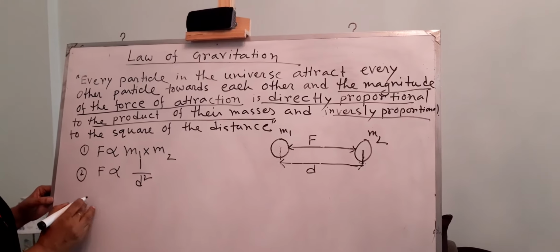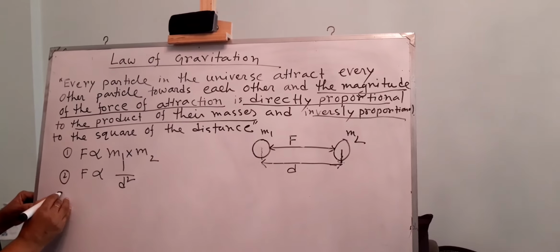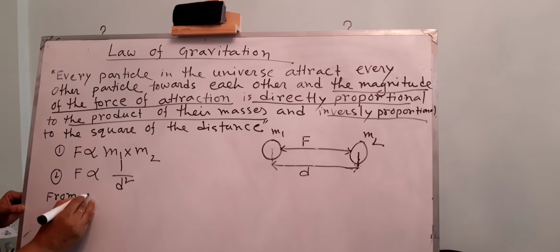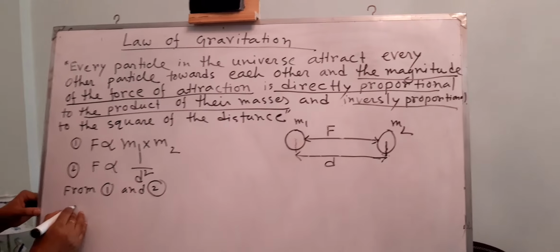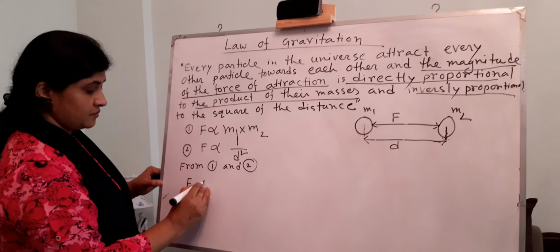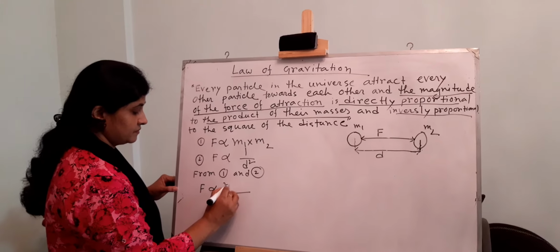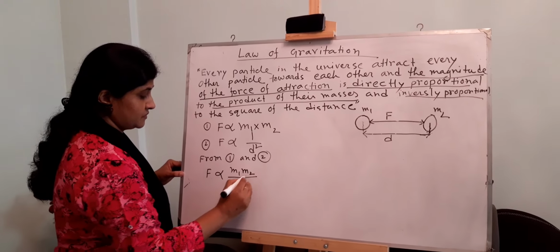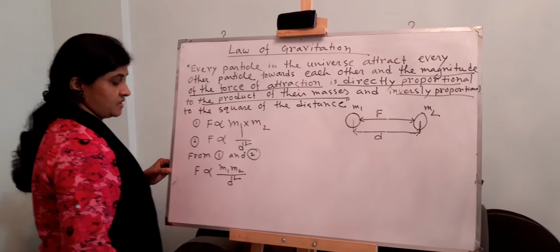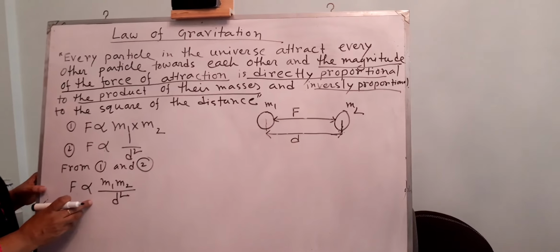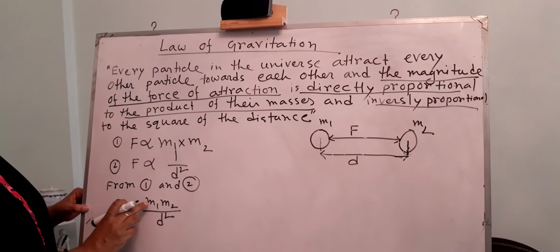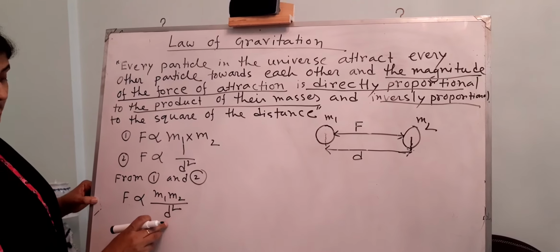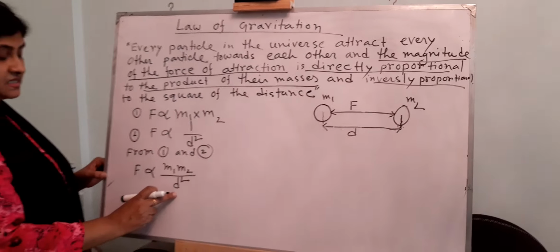So easily we can write this from 1 and 2, the equation, F proportional to m1 m2 divided by d square. From this law, I can easily read that attraction force is proportional to the product of their masses and inversely proportional to the square of the distance.